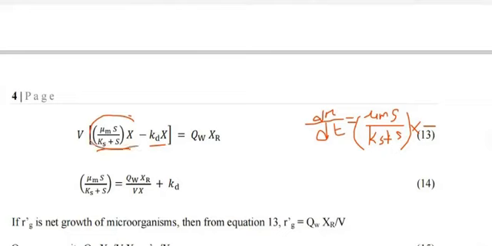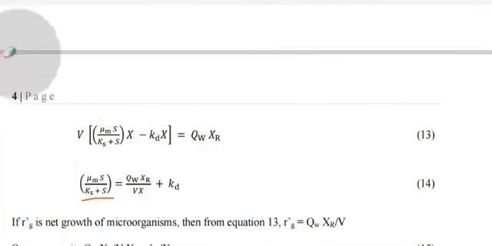Okay, so this is the equation, and we rearrange this equation number 13 and write it in terms of this. So we say that this is equation number 14.